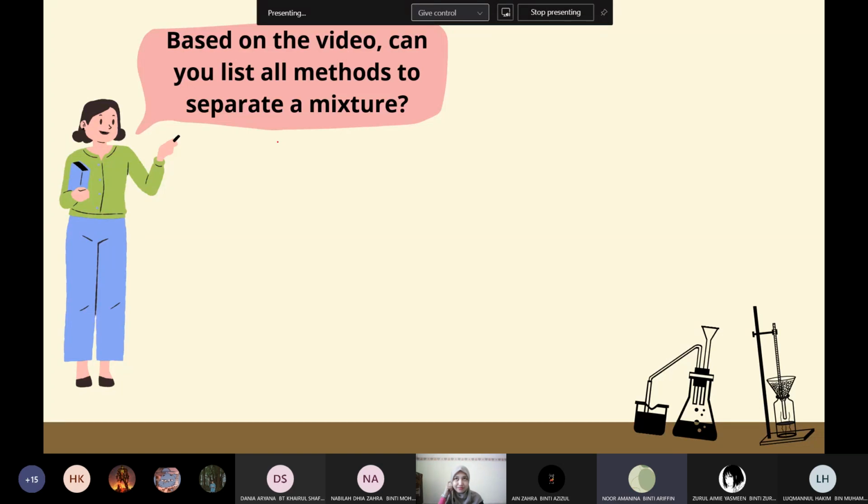Filtration, then separation by using magnet. Okay, good. Sieving, then distillation. Sieving is in the video. I'm not sure. Alright, next. Try again, what else? And then flotation.